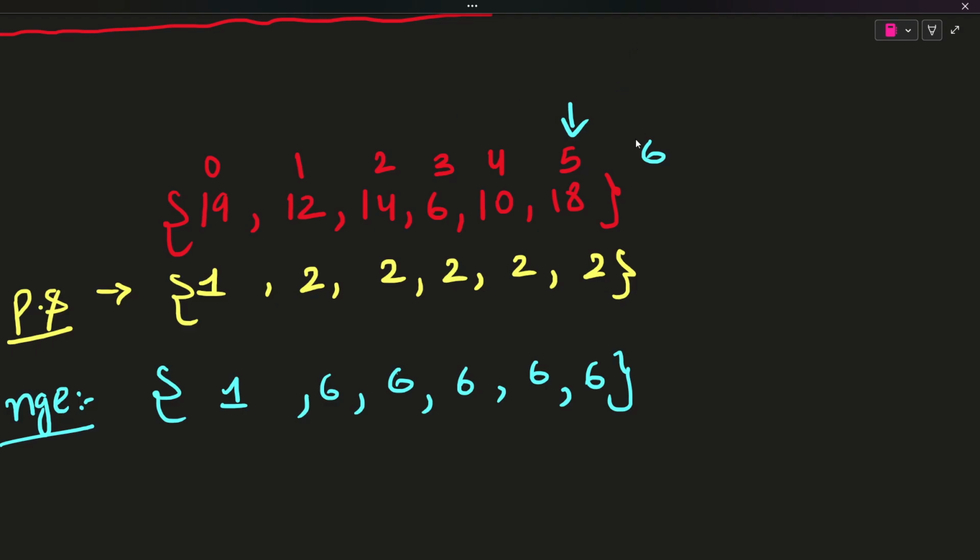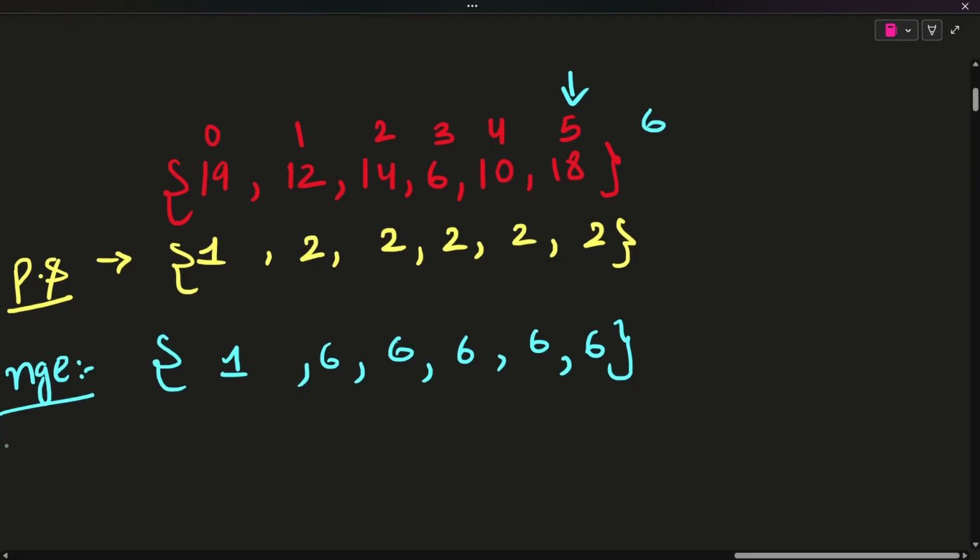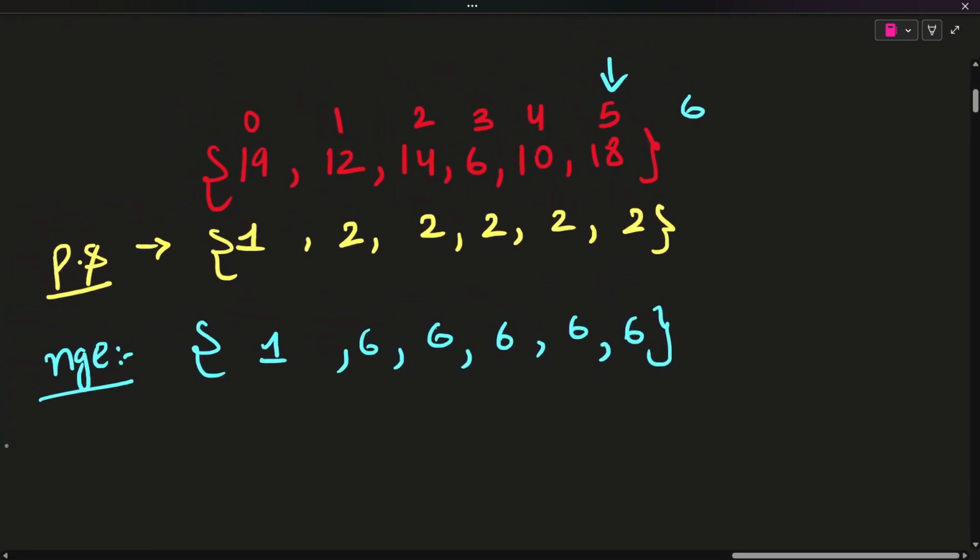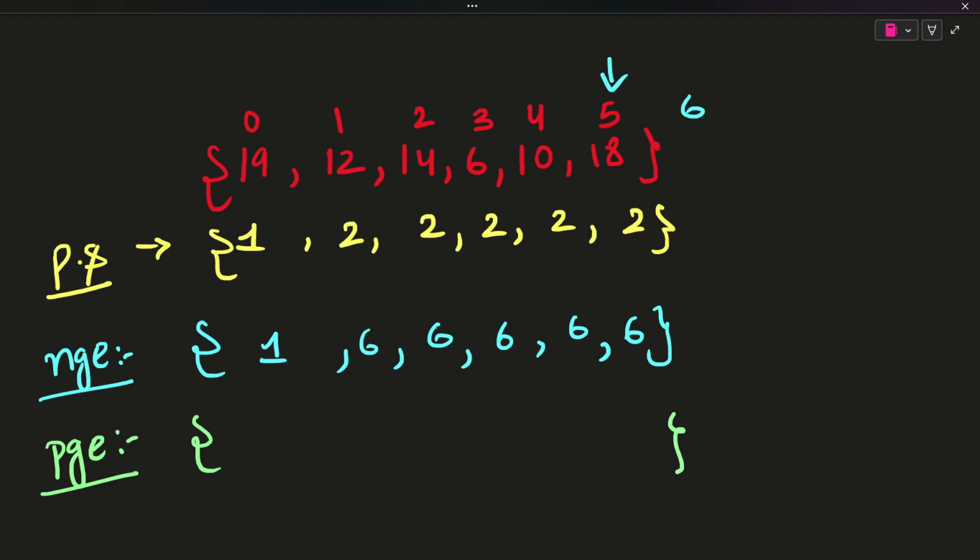Okay, so now we can find out the previous greater element. I think of it as PGE, right? So now tell me, standing here, at which index we have a previous greater element. -1, because 1 doesn't have a previous greater element.